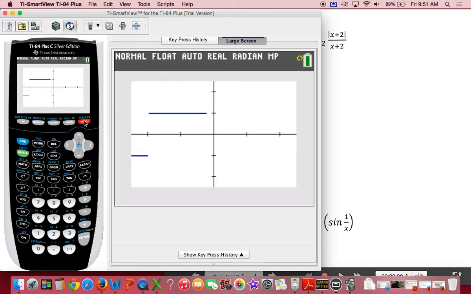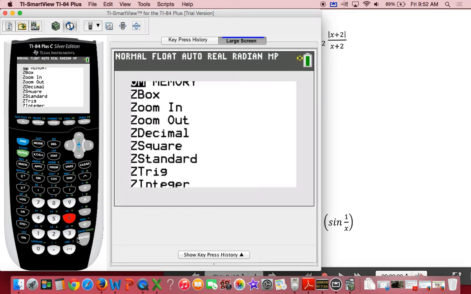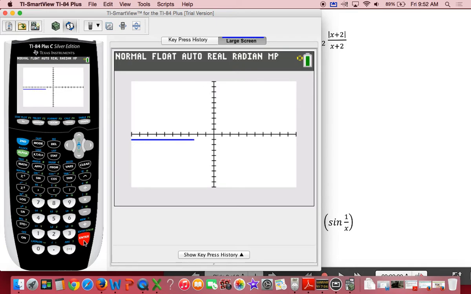Oh, we want to go back to our standard viewing window, although that's not so bad. But I want to go to Zoom Standard. Uh-oh. Let's go back to Zoom Standard. Oh, no. Let me guess, it's going to poop out on me again. Y equals?